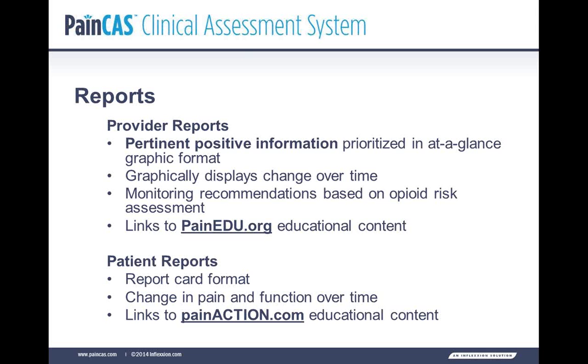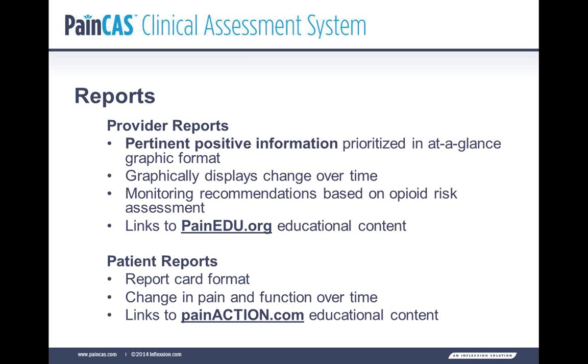Our PainCAS clinical assessment system provides 2 types of reports. One for the healthcare provider that bubbles to the surface the pertinent positive information that's prioritized in an at-a-glance graphic format.